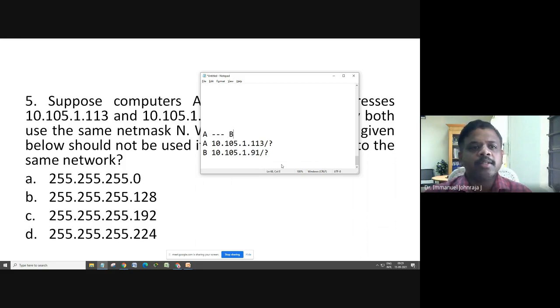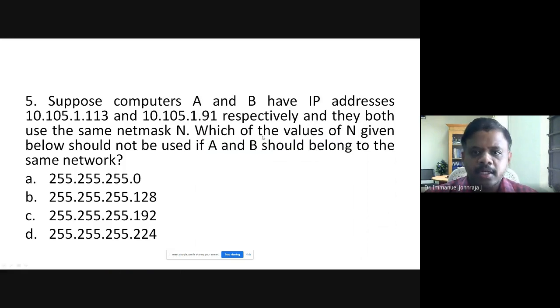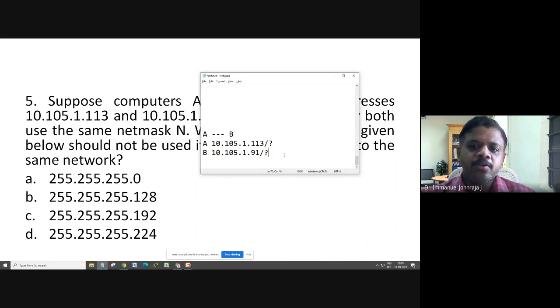Now these two are in the same network, got it? They both use the same subnet mask. Which of the following should not be used if they belong to the same network? So how can we do that? We have to use the method of elimination. So what is the first one?